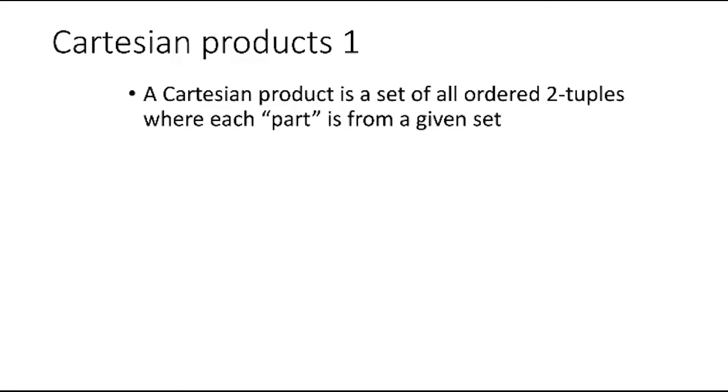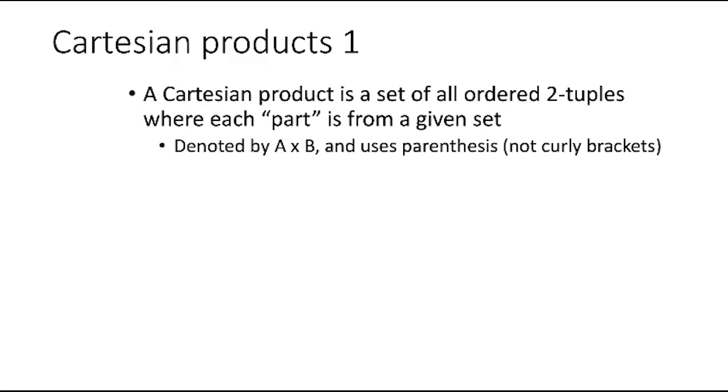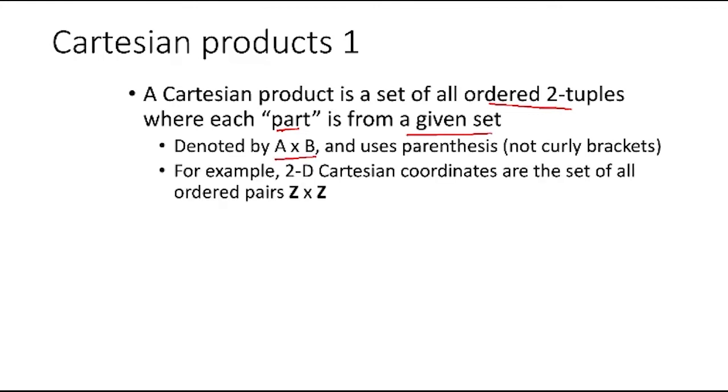So this will start a new topic for you, that's called the Cartesian product, right? Cartesian product may be for order 2, maybe it could be for order 3, 4, 5 and n, right? It's usually denoted by A cross B, read as A cross B. So in 2 dimensions we are saying integer cross integer, right?